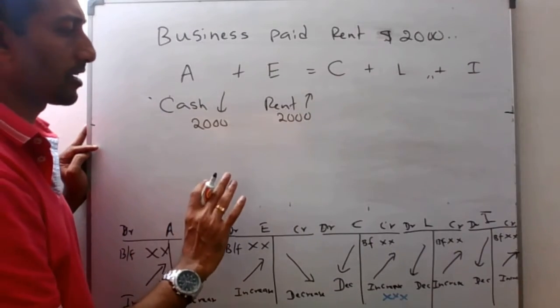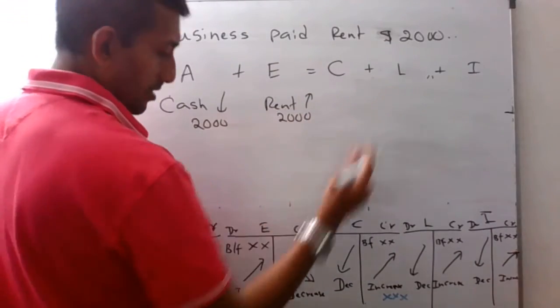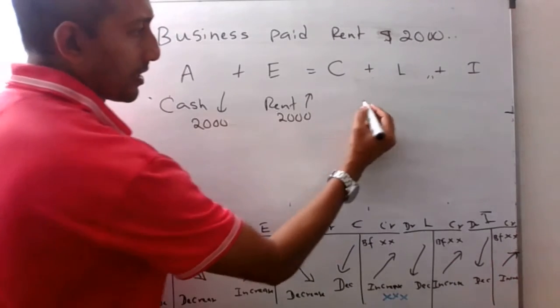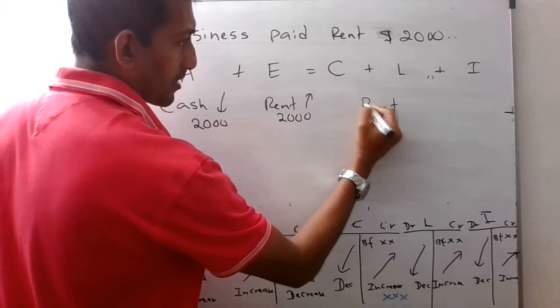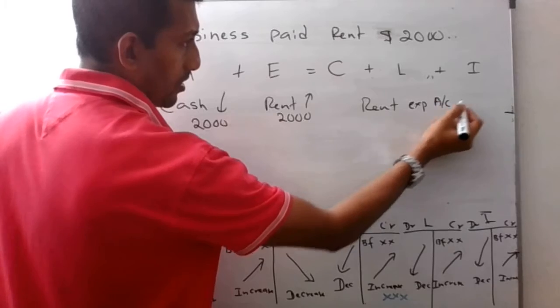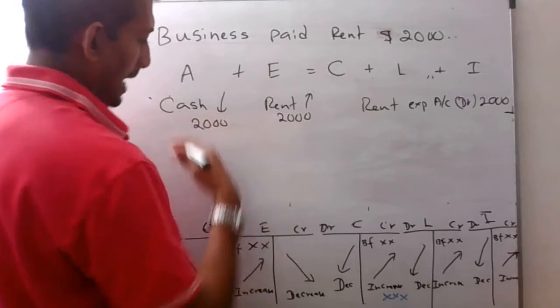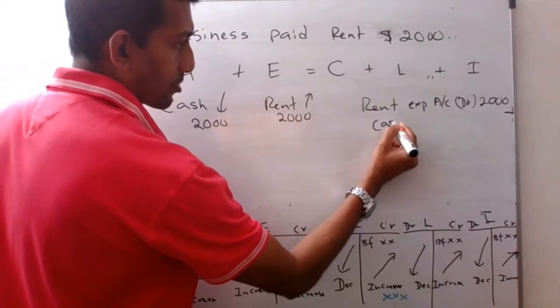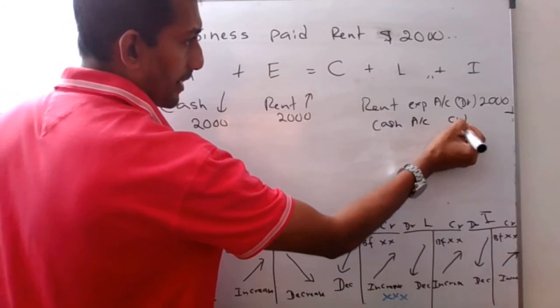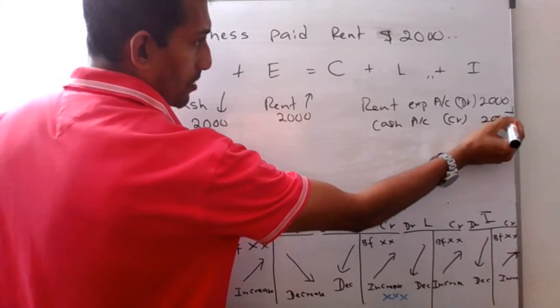So if I put it into the double entry, increase of rent, which is an expense, so rent expense account would debit 2,000 and the cash is reducing. So cash account would credit 2,000.